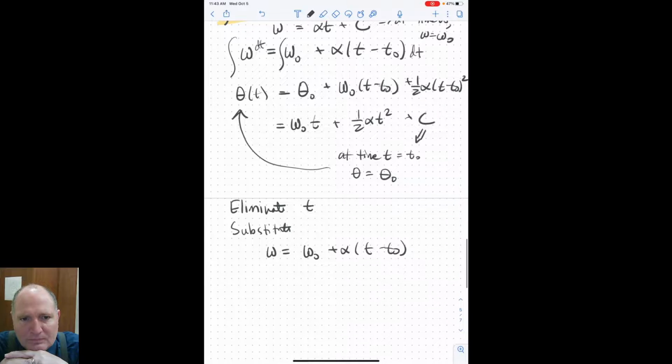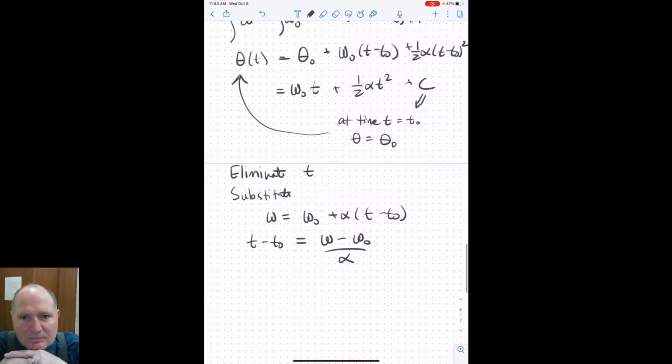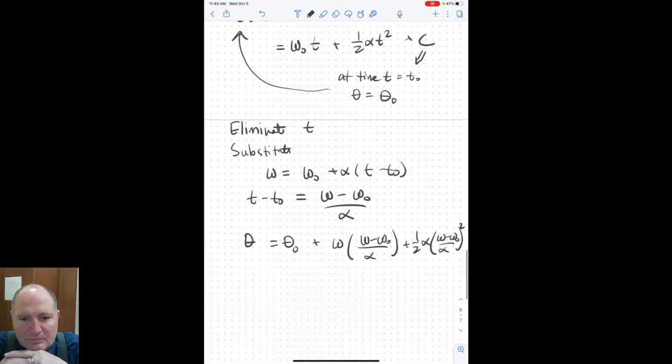If we solve for t minus t naught, it is omega minus omega naught over alpha. And then if we substitute that in above, we will have theta equals theta naught plus omega times (omega minus omega naught over alpha) plus 1/2 alpha (omega minus omega naught over alpha) squared, and we can rearrange that to get our last kinematic equation.